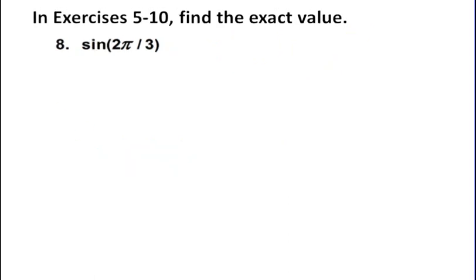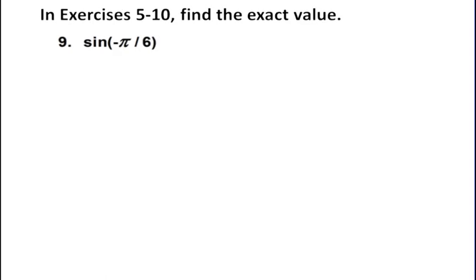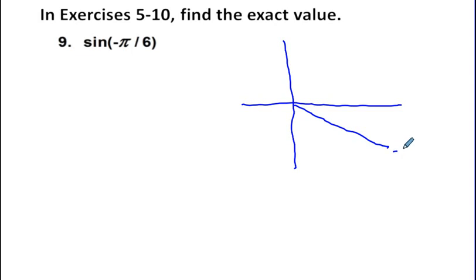Okay, the next odd number problem, sine of negative pi over 6. Well, I'm going to draw a coordinate plane here, and if we go to negative pi over 6, that's going to take us down clockwise pi over 6, so I'll put negative pi over 6 right here.